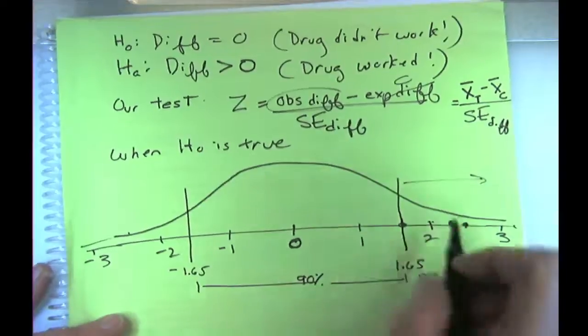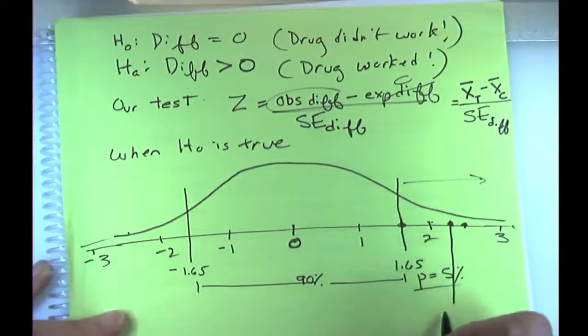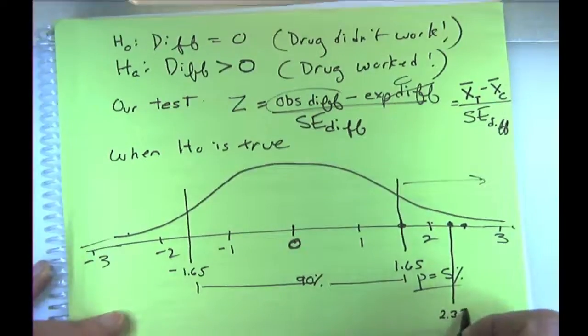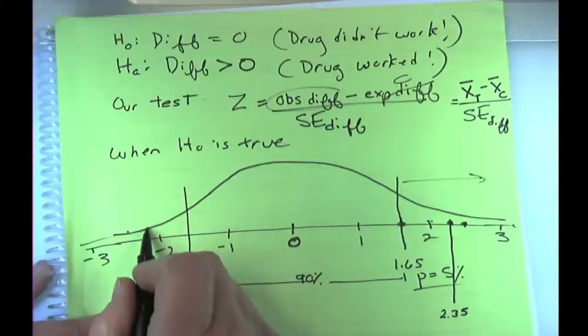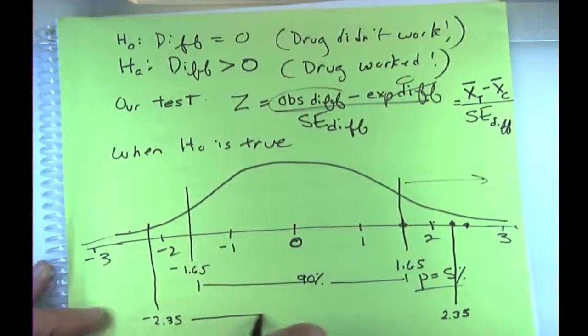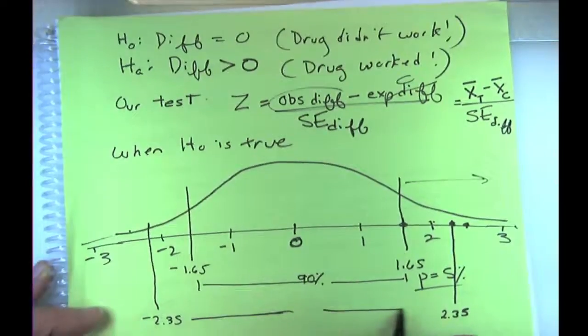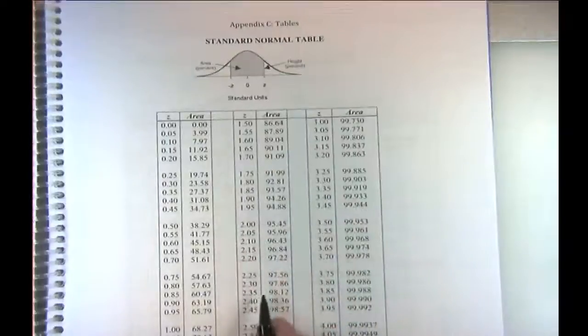Now let's look at this one. This looks like about, let's say, 2.35. All right, so between 2.35 and negative 2.35, what percent of the curve is there? And what p-value did you guys happen to choose? So let's look that up. 2.35, and it's about 98%.